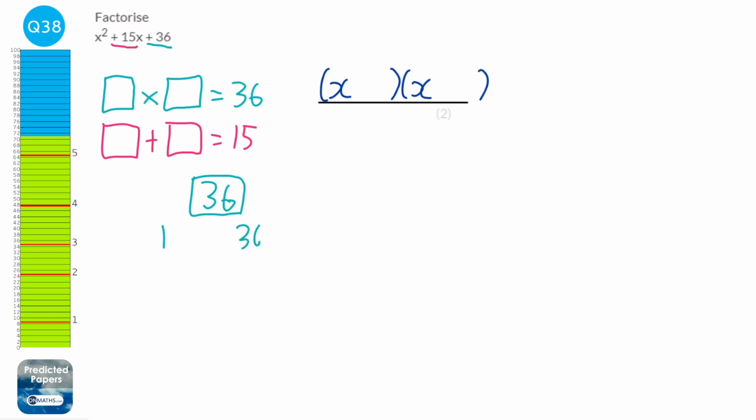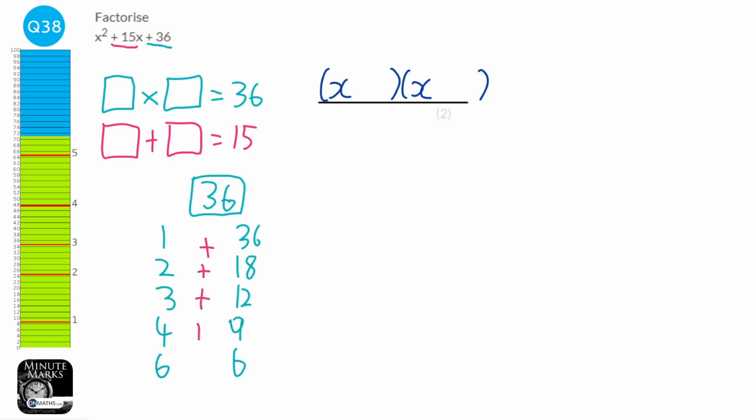So 1 and 36, 2 and 18, 3 and 12, 4 and 9, and 6 and 6. And we're looking for which ones of those add together to make 15. We can see here it's going to be 3 and 12 add together to make 15. So our 2 numbers are going to be plus 3 and plus 12, or the other way around.